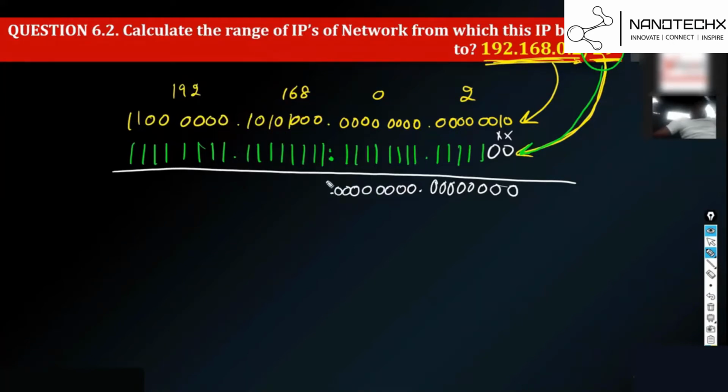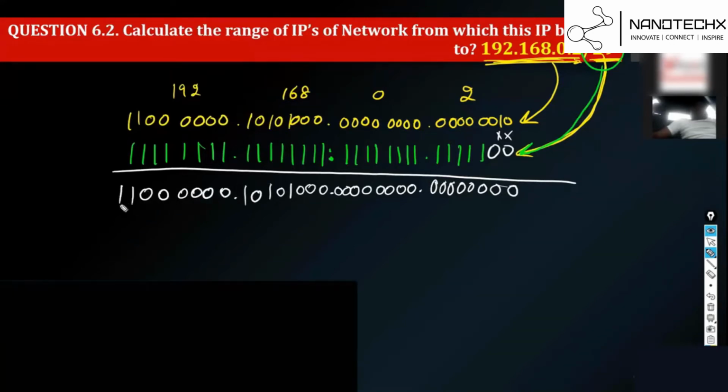And here we might find some ones as well. So 0 multiplied by 1 is 0, then 0, 0, 0, 1, 0, 1, 0, 1, right? Again 0, 0, 0, 0, 0, 0, 1, 1. So this is our first IP address, which is also called the network number.